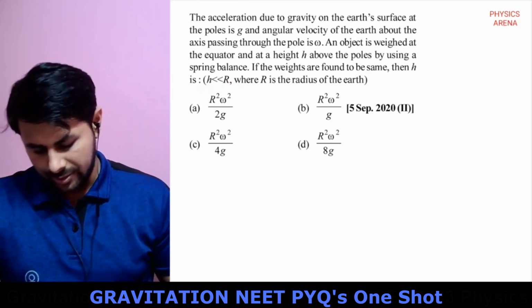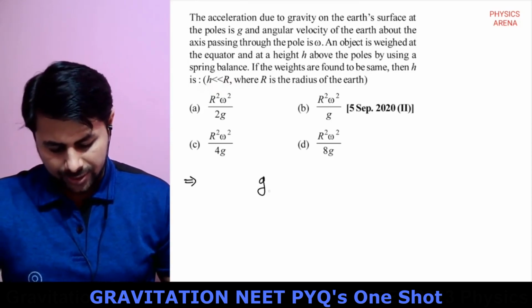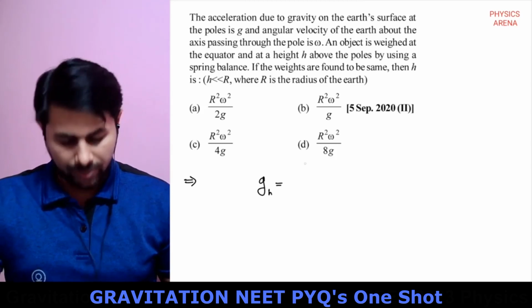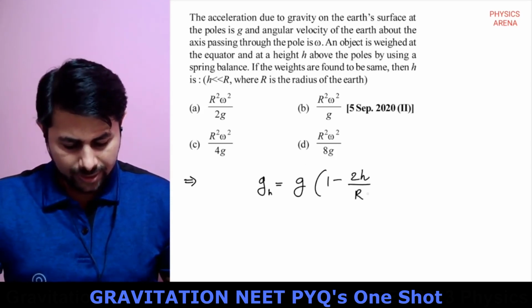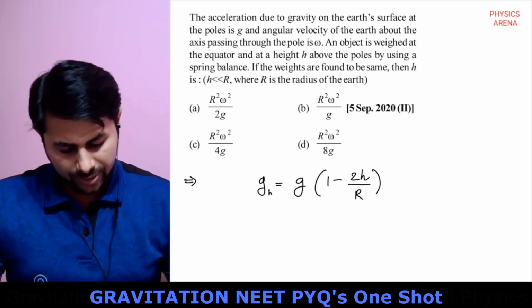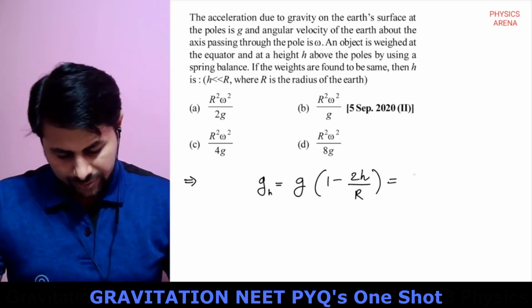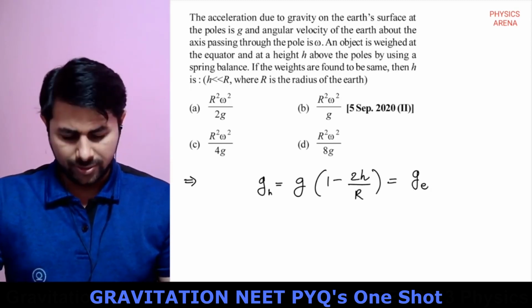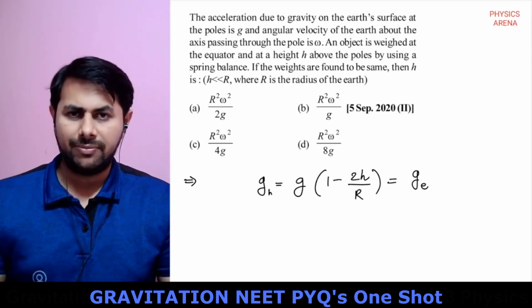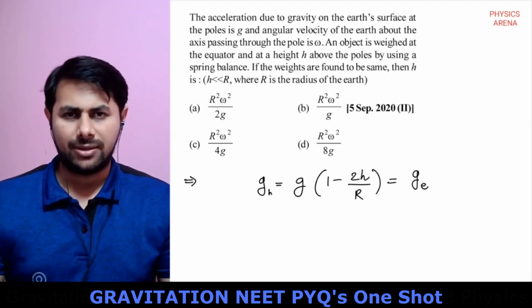That means we can use gh is equal to g multiplied by 1 minus twice h upon r. And they are calling this equal to g at equator. The weight of the object is the same means acceleration due to gravity is the same.